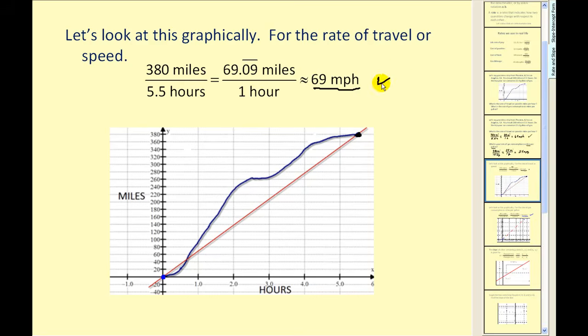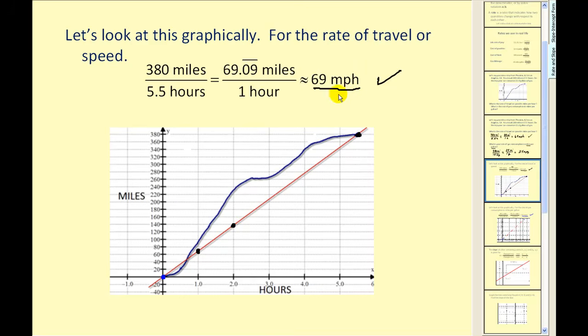But now if I take the rate of 69 miles per hour, and again I start down here at the origin, if I go up 69 miles and over 1 hour, I'm on this red line. And in fact, if I go up 69 miles and again over 1 hour, I'm again on this line.